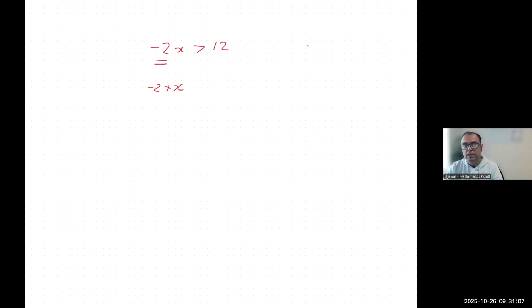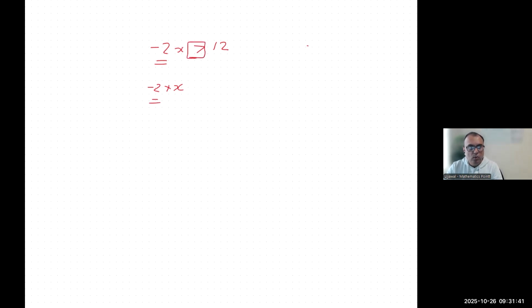So the 1% change is that whenever you have a negative number either being multiplied or divided with the variable, and you want to get rid of it, because you want to leave x all alone, you will always flip this sign.